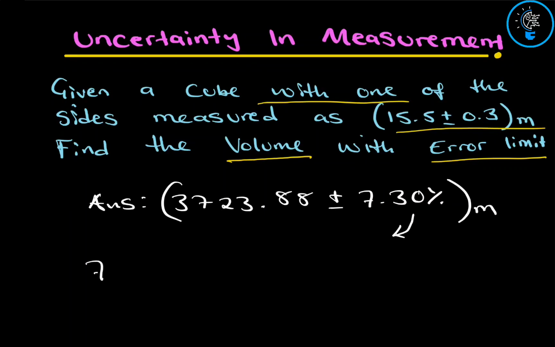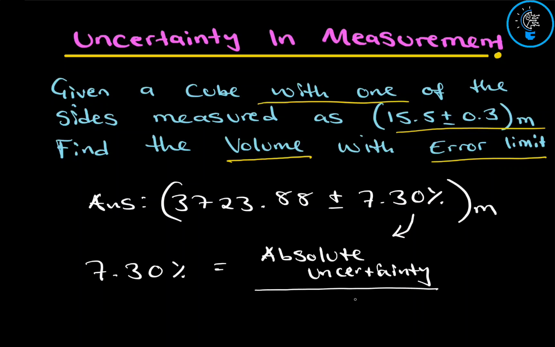The percentage uncertainty is equal to the absolute uncertainty divided by the central value, times 100%. The central value is 3723.88.